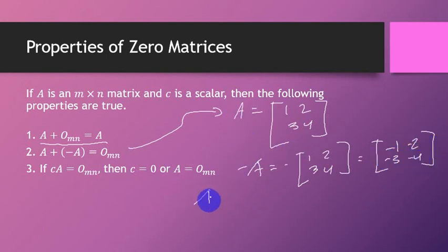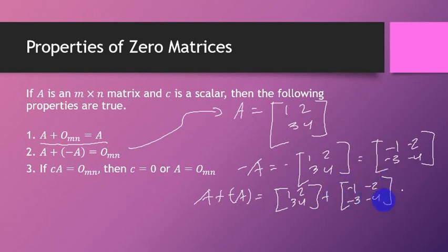Adding these two matrices, we will have 1, 2, 3, 4 plus negative 1, negative 2, negative 3, and negative 4, which gives us 0, 0, 0, 0, which is our O sub 2, 2, or our zero matrix for a 2 by 2 matrix. So there. Very similar to when we add A plus negative A, it results in 0 in the real numbers.